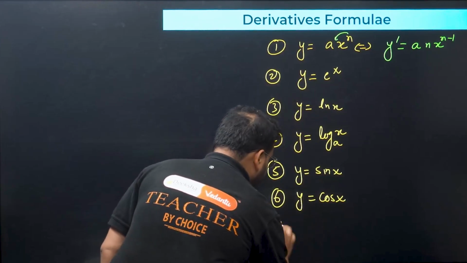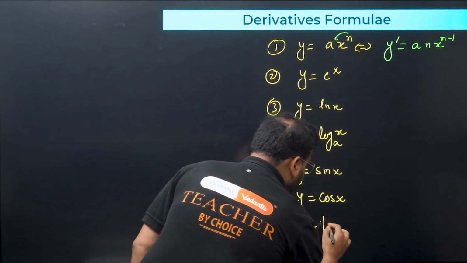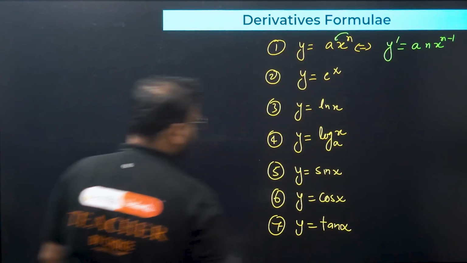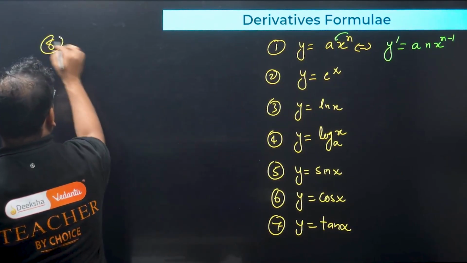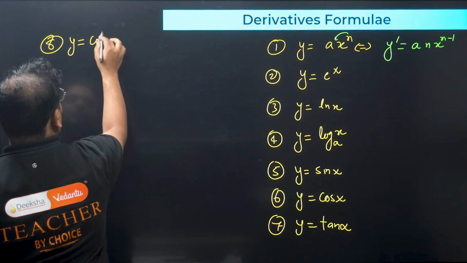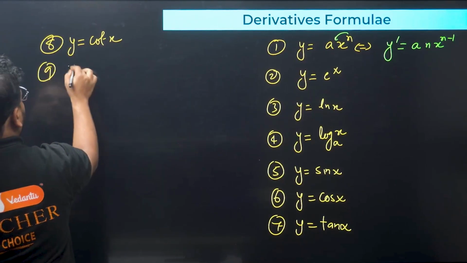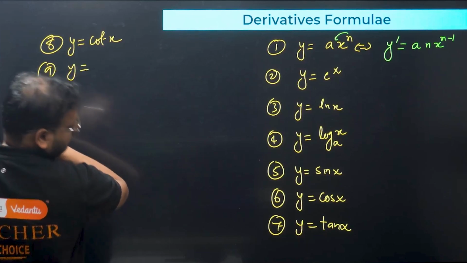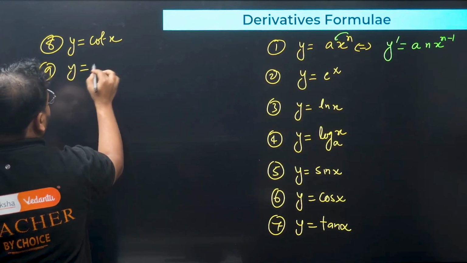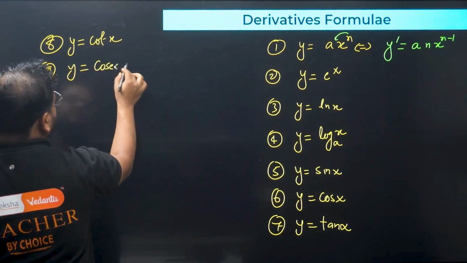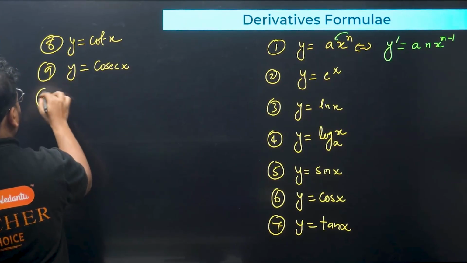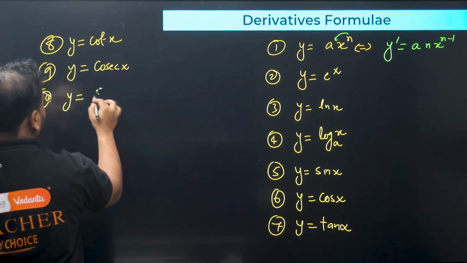Seventh one will be y equal to tan x. Eighth one will be y equal to cot x. And ninth one will be y equal to cosec x. And we have 10th one as y equal to sec x.